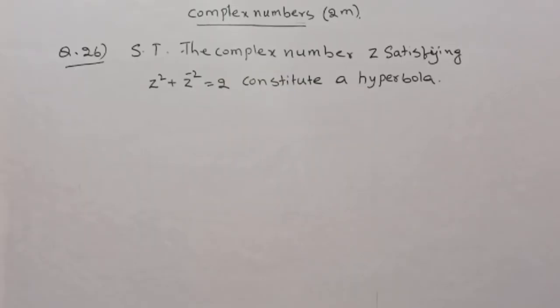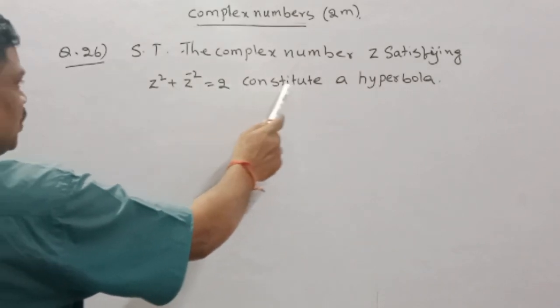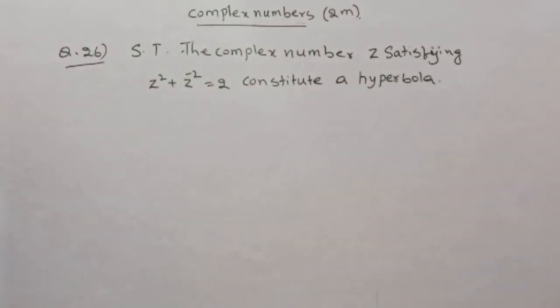Here we have one more problem from complex numbers for IPE. Show that the complex number z satisfying z² + z̄⁻² = 2 constitutes a hyperbola.